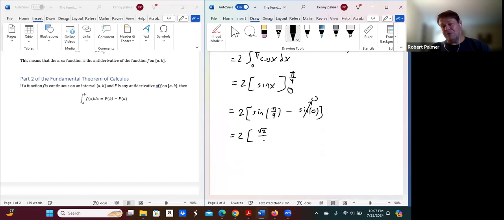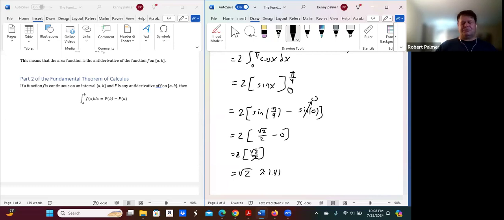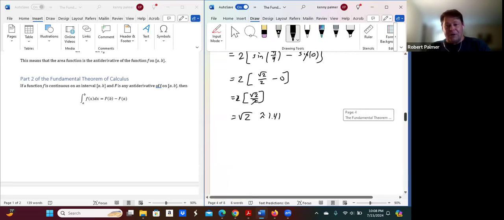The square root of 2 over 2, minus 0, times 2. Of course, the 2's cancel out here and here. We're just left with the square root of 2, which is about 1.41. Check in your own calculator. About 1.41. Okay. So that's our definite integral right there.